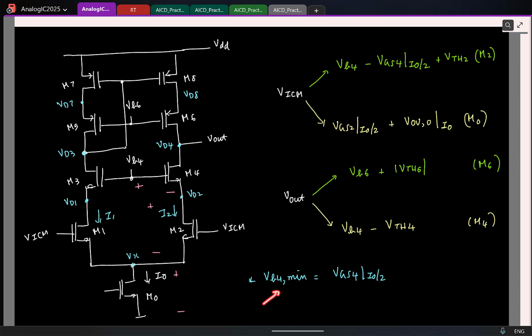I am looking at minimum VB4, so I should look at minimum VDS. And how much is that? Overdrive of M2 at a current I0 by 2. Clear? So the third component is VDS of M0. The minimum of that VDS is also overdrive. So overdrive of M0 at a current I0.